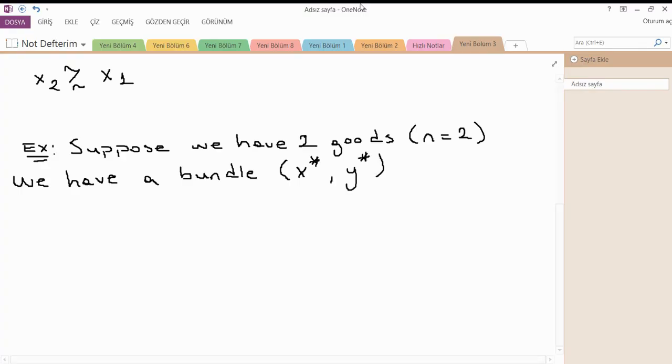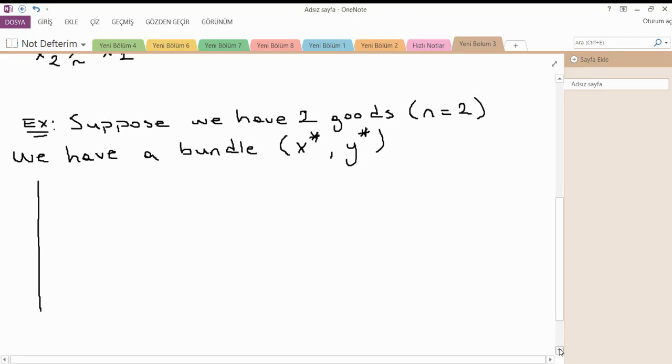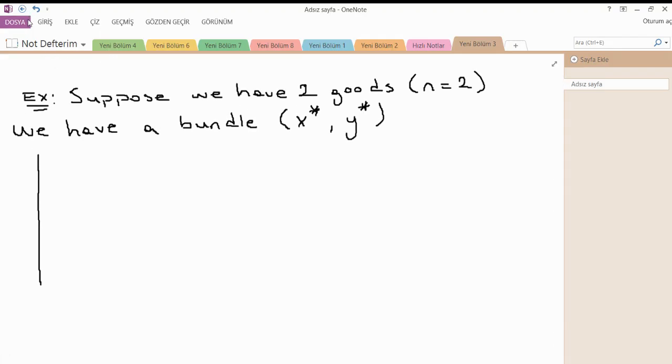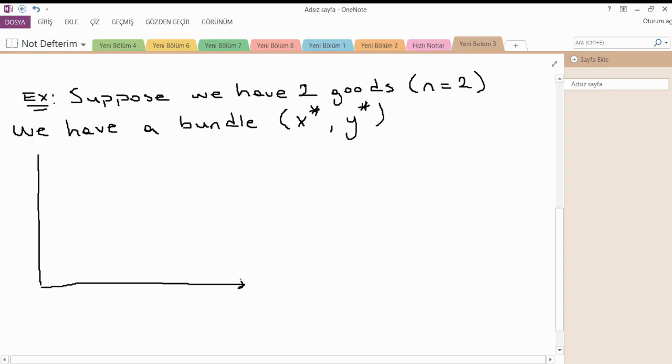So let's draw a graph to show our bundle, okay? Maybe I will have to draw it big to be able to explain it well. Let's say that we have 2 goods. One of the goods, let's say, is chips, okay?